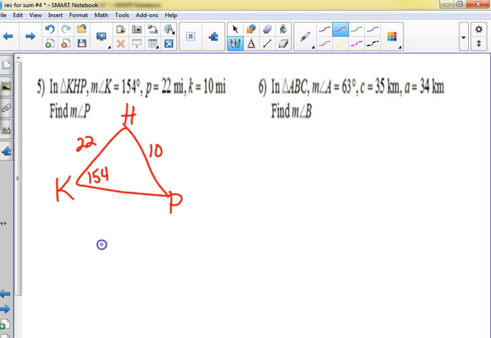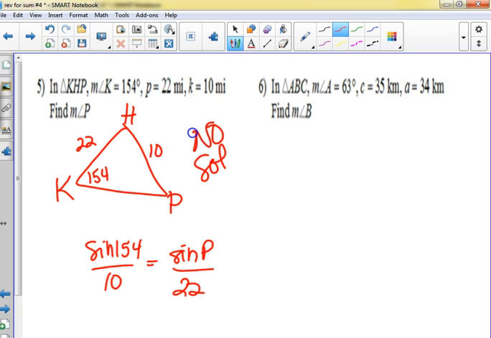Anybody see a problem already? Anybody know what's going to happen? This is going to give you a domain error when you type it in. Because can you have a shorter side across from 154? No, that one's going to be a no solution. Which makes me think this one is more than one solution.